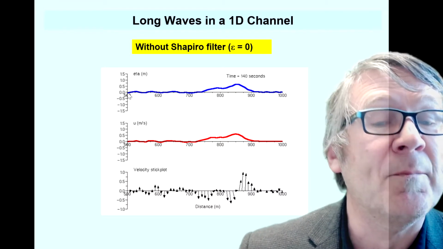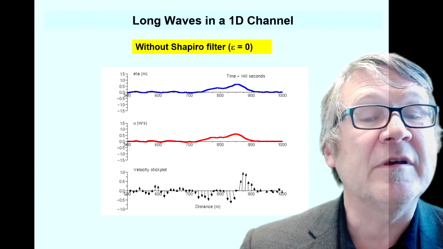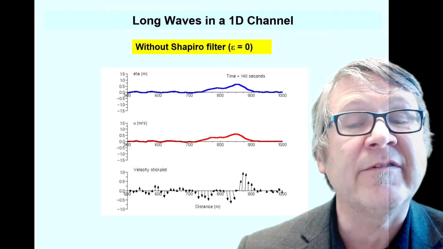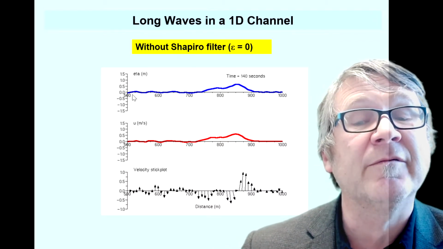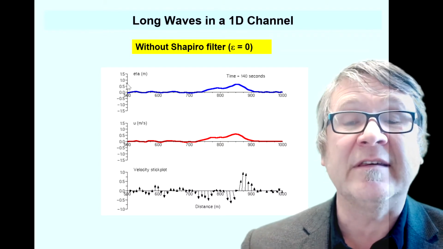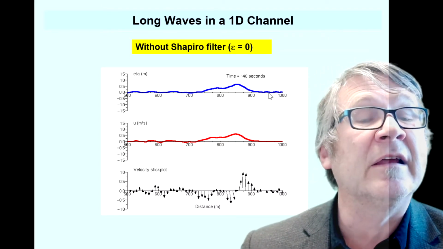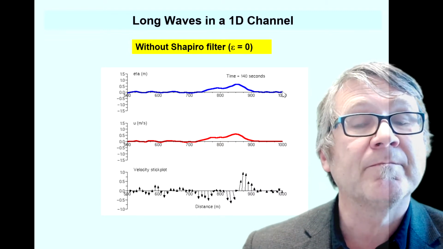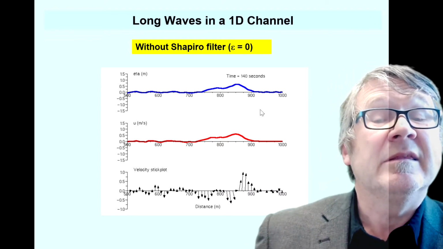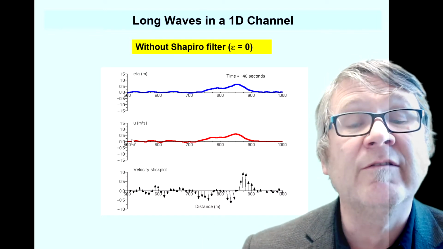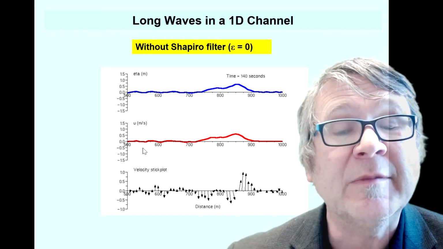The top image shows you the structure of the sea level. Sea level elevation can be positive or negative. You can see it starts at 500, so it's in the middle of this channel, and 1,000 is the right boundary. The second panel shows you the horizontal velocity in meters per second.